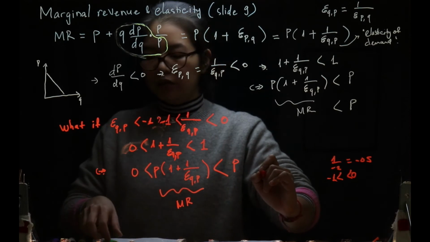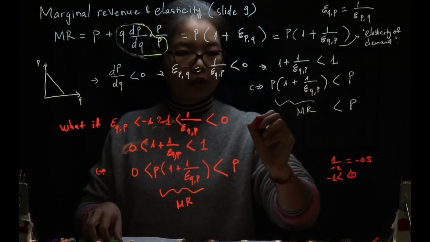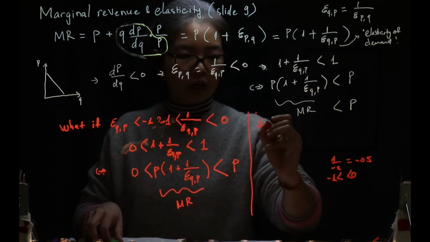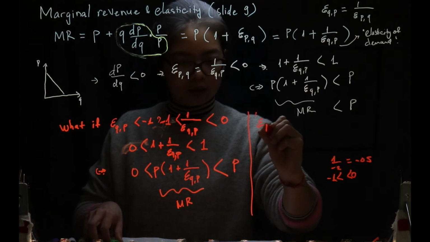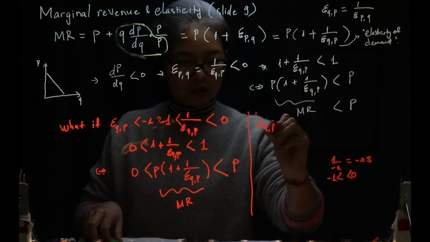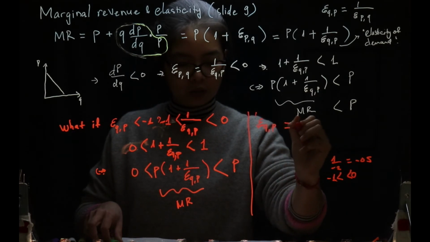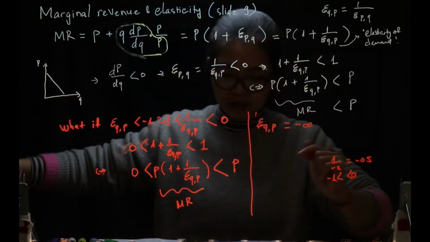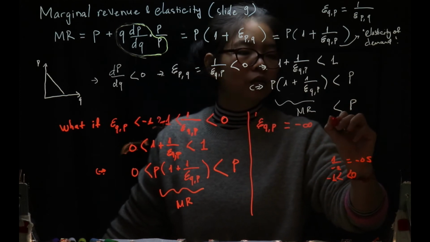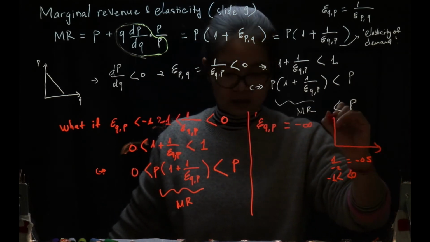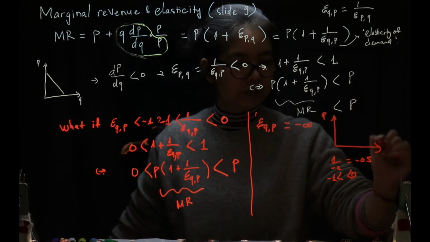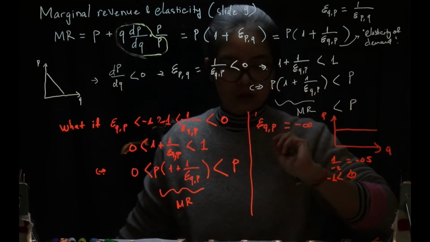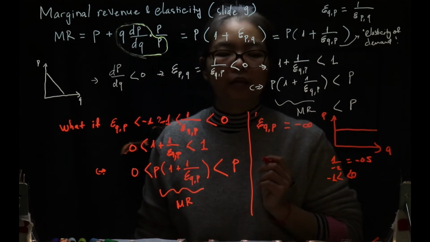And what happens if demand is so elastic? The next case is that the elasticity of demand equals minus infinity. So very, very far in the negative. So in that case, you would have a demand curve like this, in P, Q, a horizontal line.